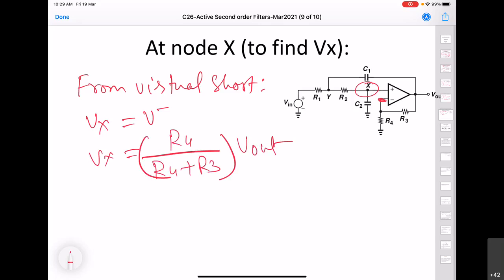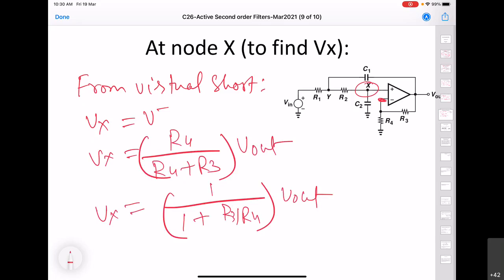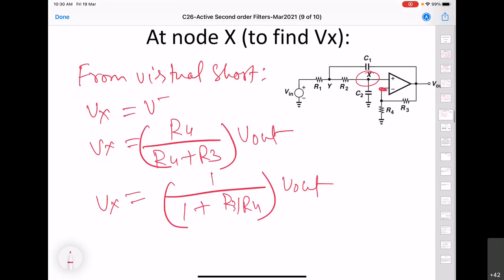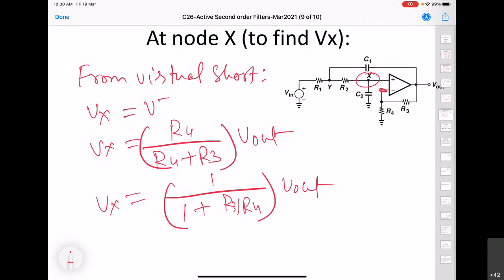So this is the modification that will occur. Now we have this additional term, 1 divided by 1 plus R3 by R4. So this will slightly complicate the derivation of the transfer function.